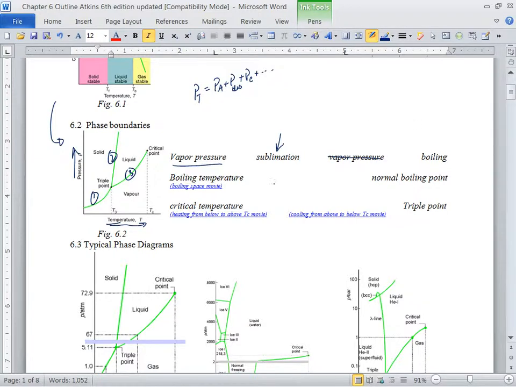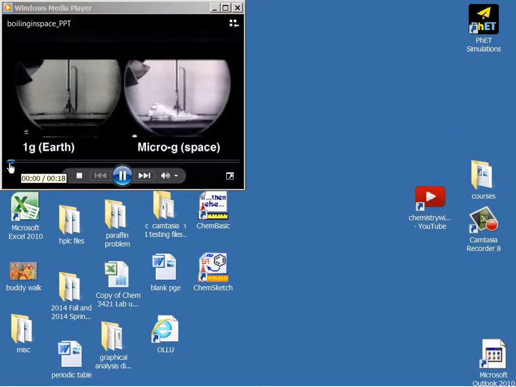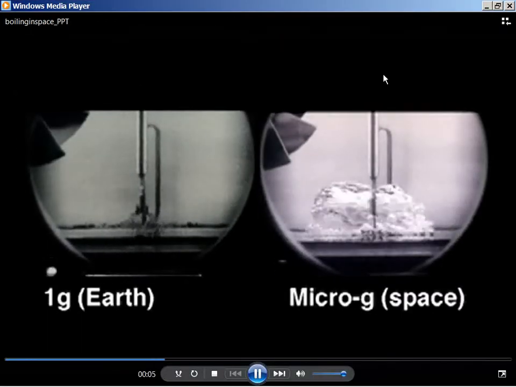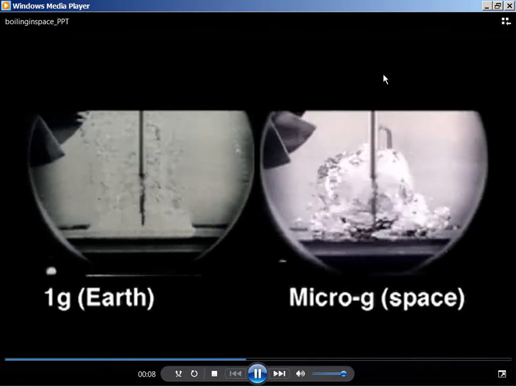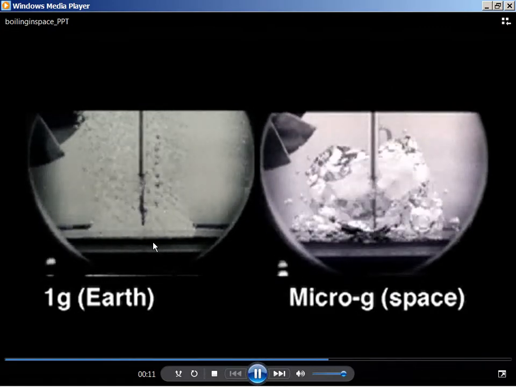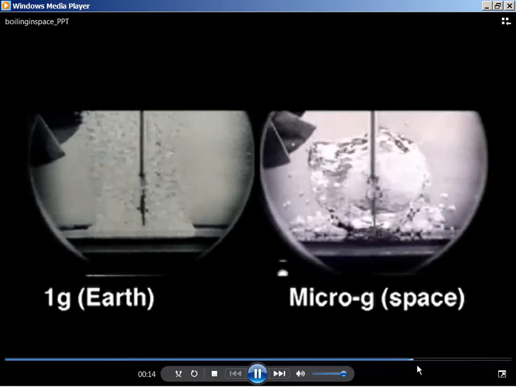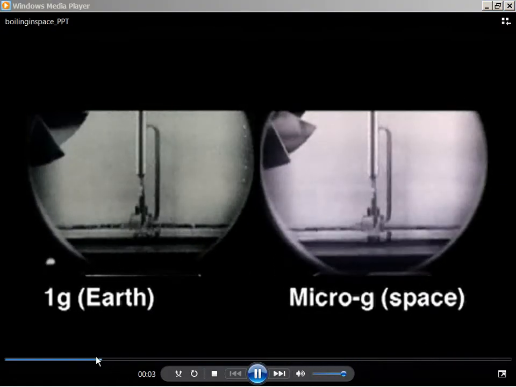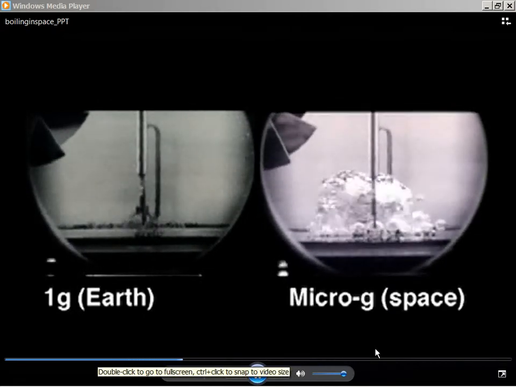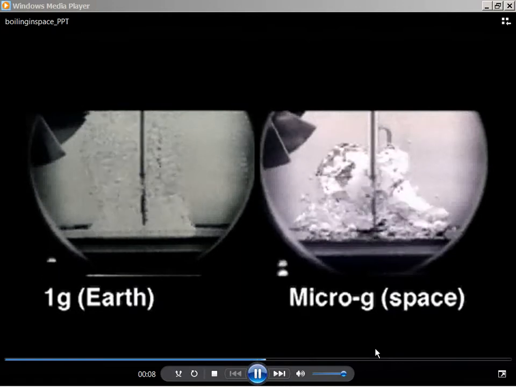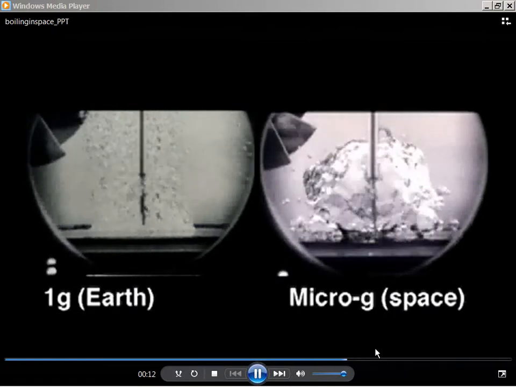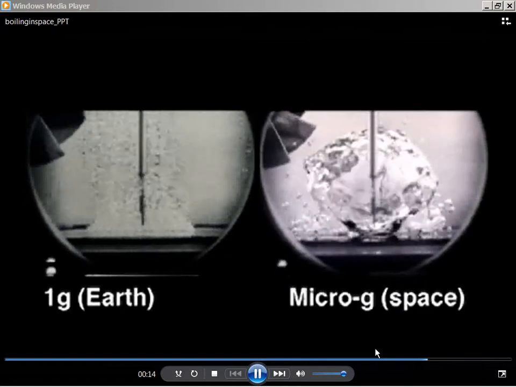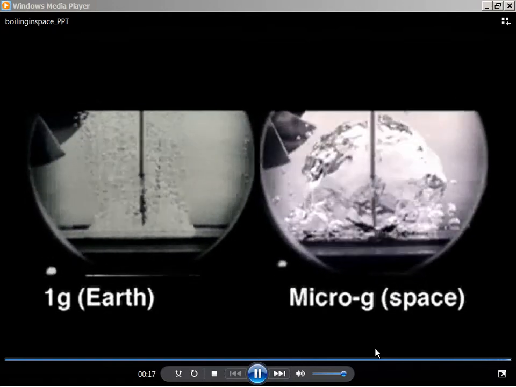Here's a boiling in space movie. Let's see what this is, see if it even works. Zero pressure. See the difference? What they're trying to illustrate here is that when you remove gravity from the issue, it's the entire bulk that's trying to turn into a vapor, not just the stuff around the filament.